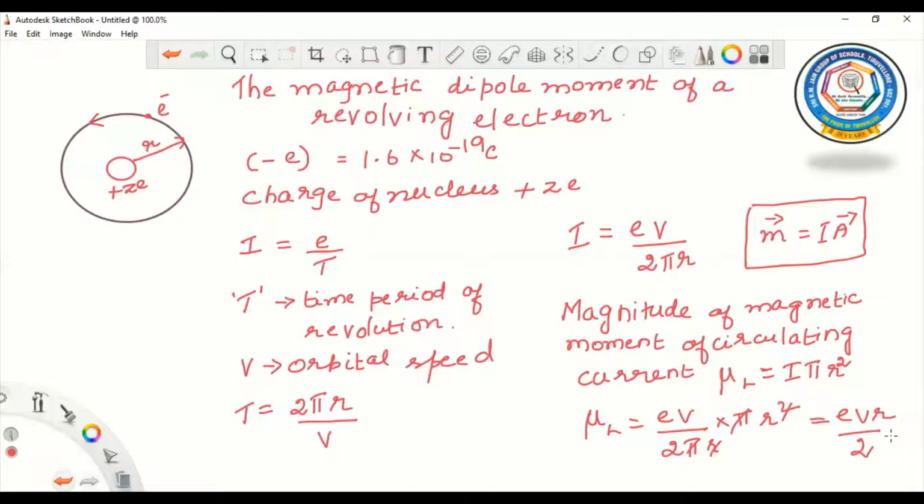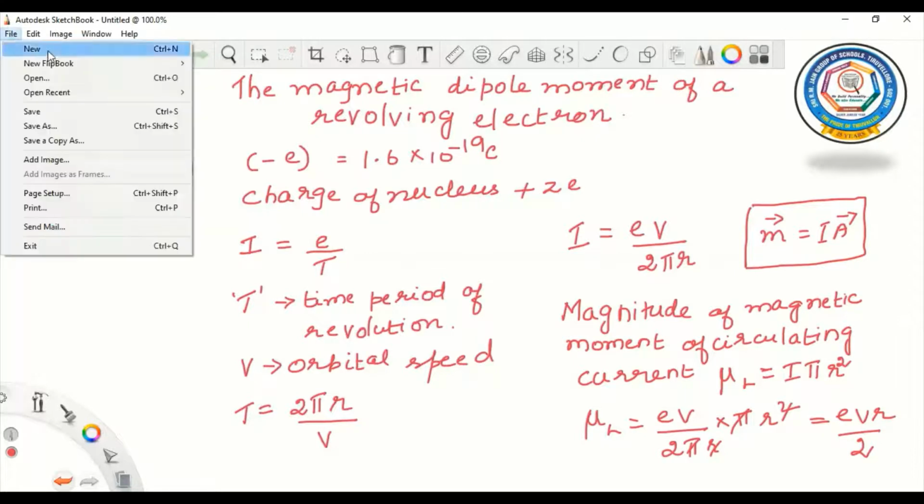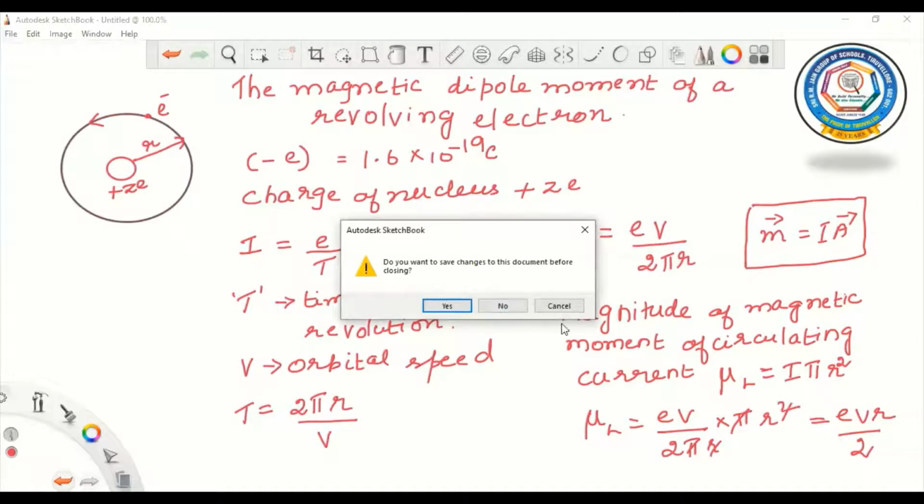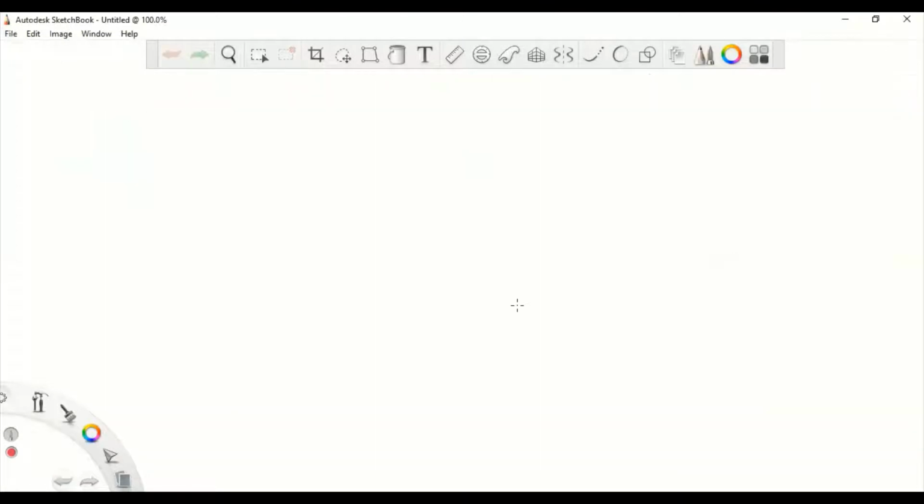This is very, very important, children. Remember this: mu L, the orbital magnetic moment, is equal to eVr divided by 2.